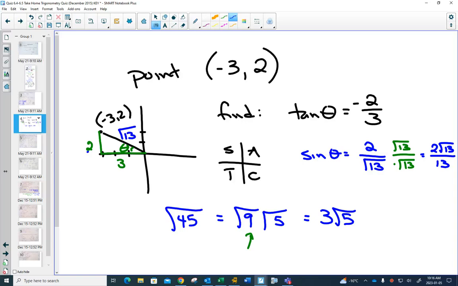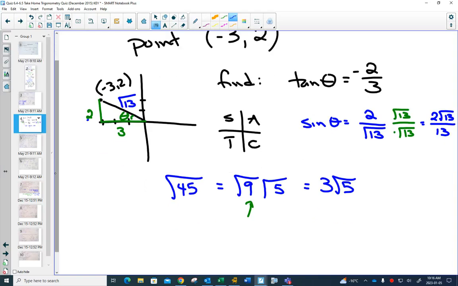I could also give you this point question. So the point question, you could find tan theta, you could find sine theta, you could find any ratio, but you could also be asked to find theta. If you were asked to find theta, first you would decide on one of your trig ratios, right?